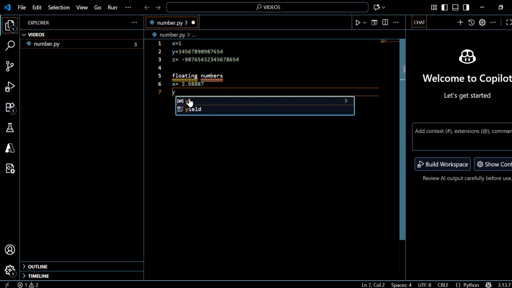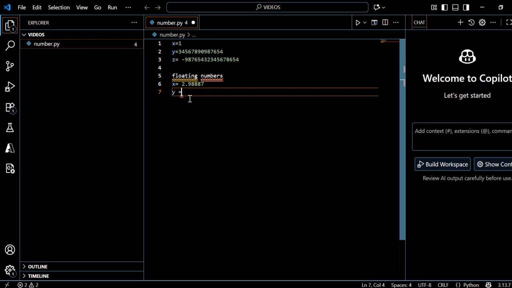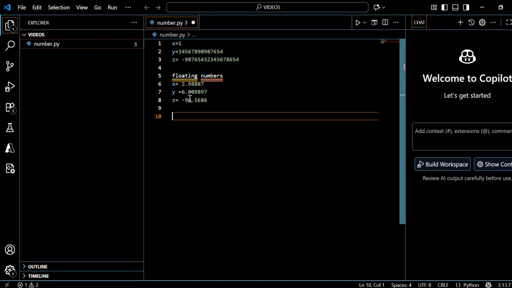We can say y equals any figure, and we can say z equals negative 0 point any number.